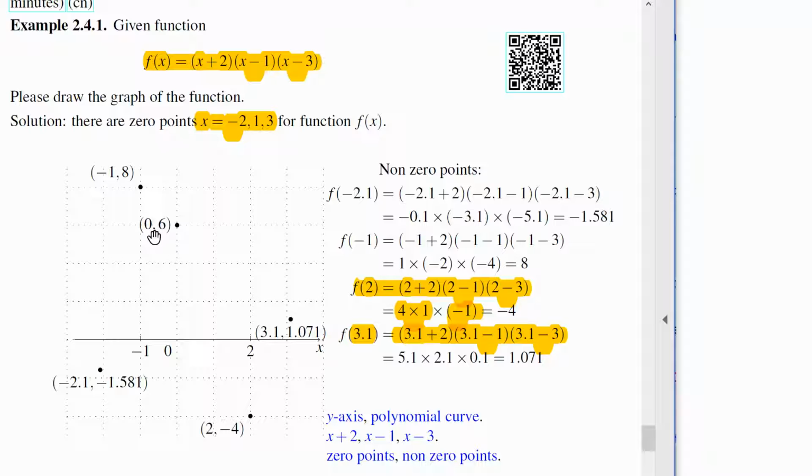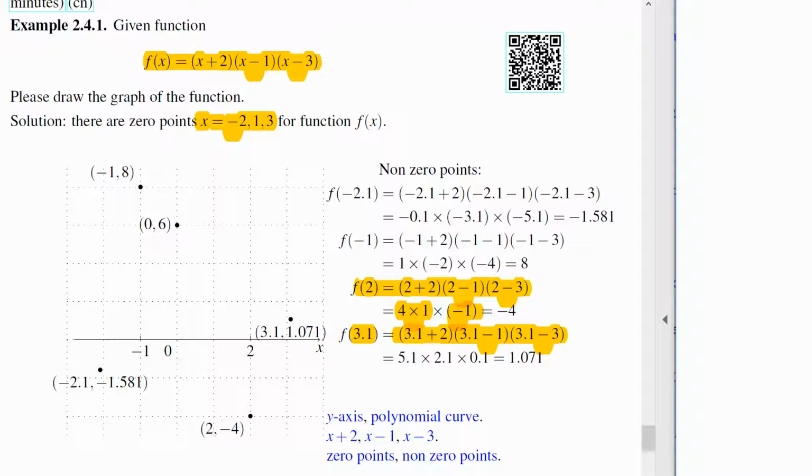Why do we need this point, (0, 6)? Where is this point from? You have to mark the y-axis, so the y-intercept. You plug in 0 here, what do you get? Let me do the calculation here.